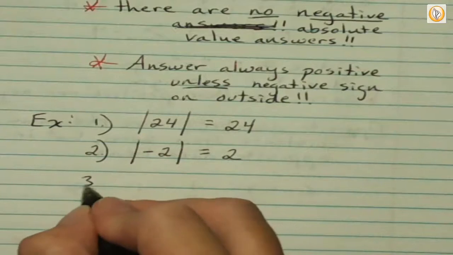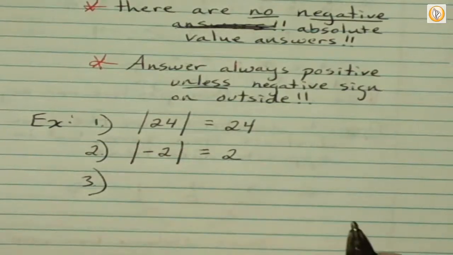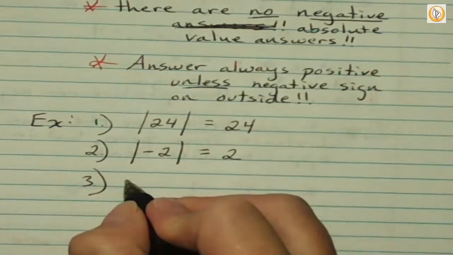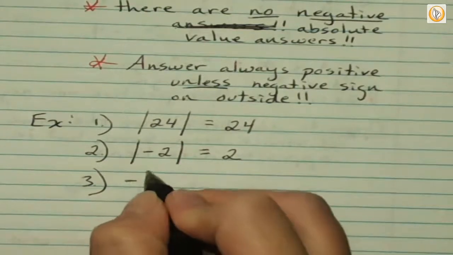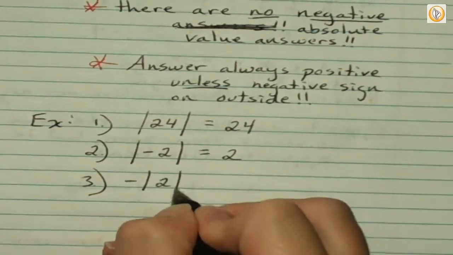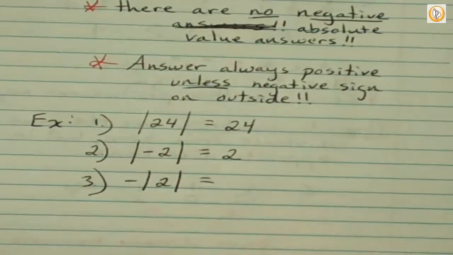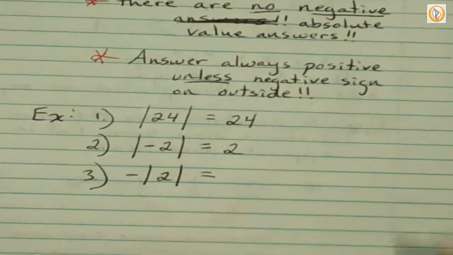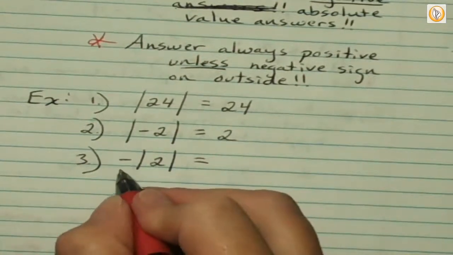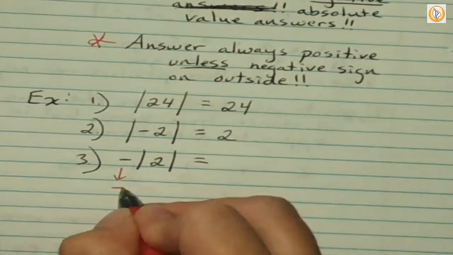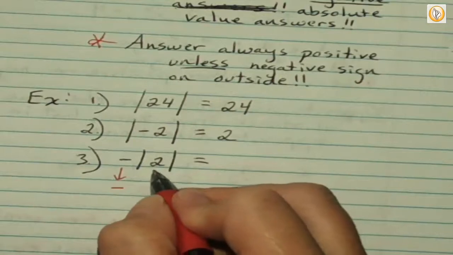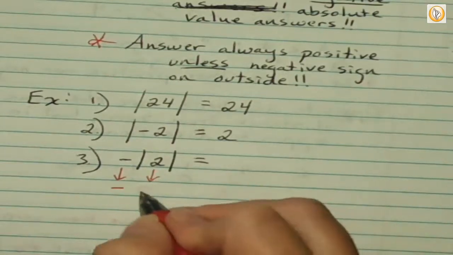So let's see number 3. If I had this, would that be -2? That would be -2 because you bring down the negative. And what's the absolute value of 2, boys and girls? 2.